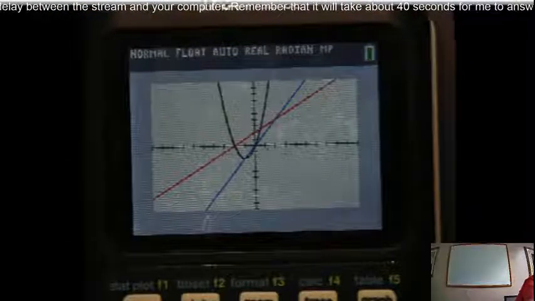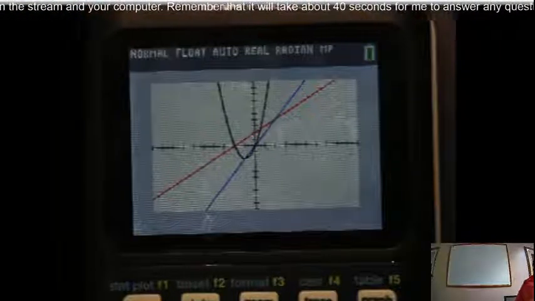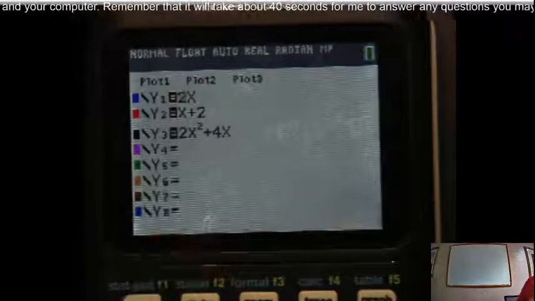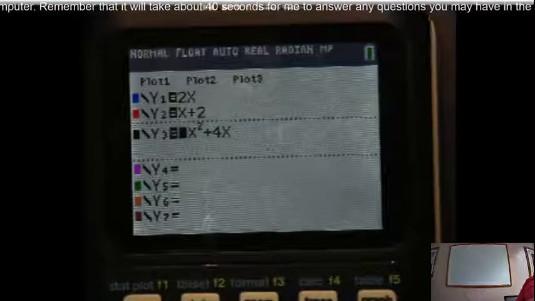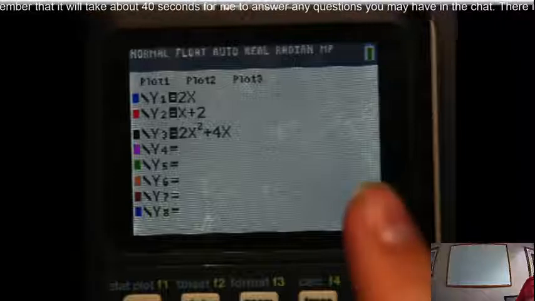Completely different, isn't it? And it's the same for both of them. Both of them are going to be that. What about when we divide them?